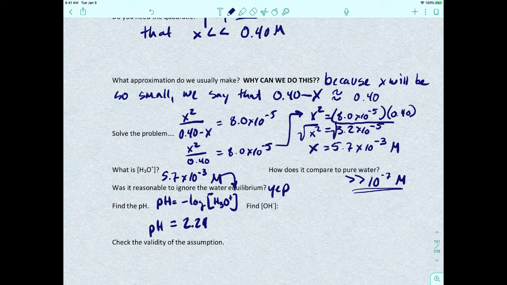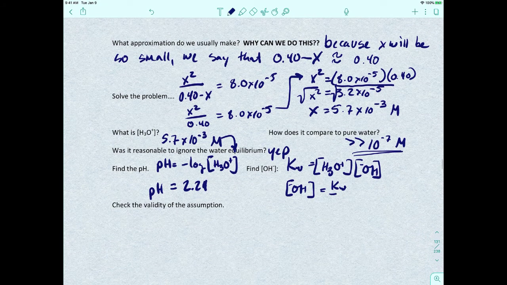Now, what if we had to find the concentration of hydroxide ion, since that's also present? We know this expression: Kw is equal to the concentration of H3O plus times the concentration of hydroxide ion. If we're solving for the concentration of hydroxide ion, that's equal to Kw, which we know is 1.0 times 10 to the minus 14th, divided by the concentration of hydronium ion, which we just solved for.